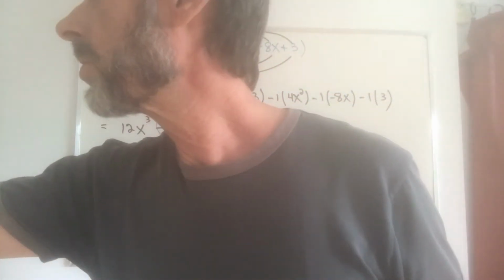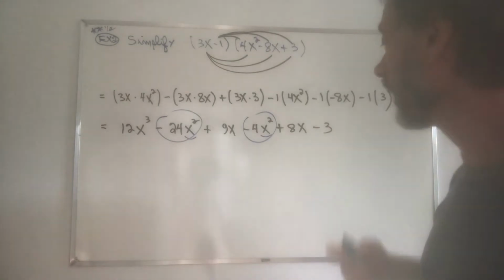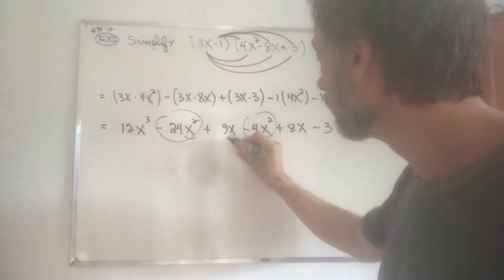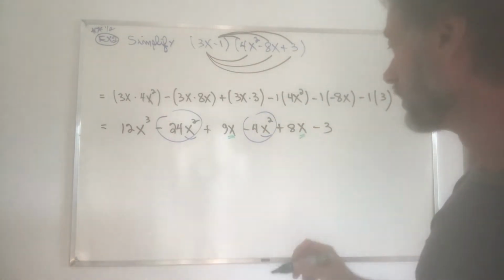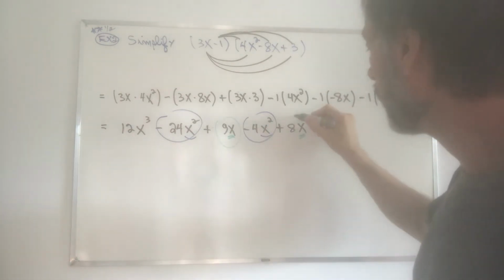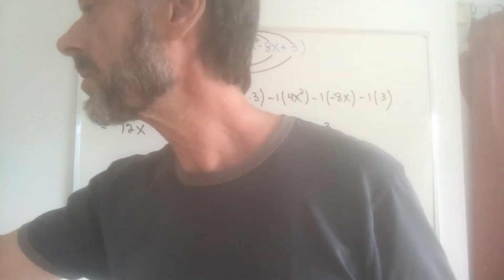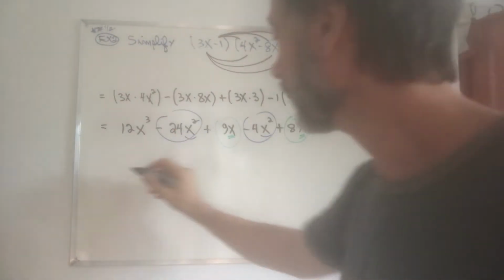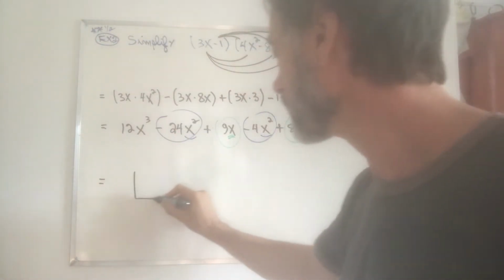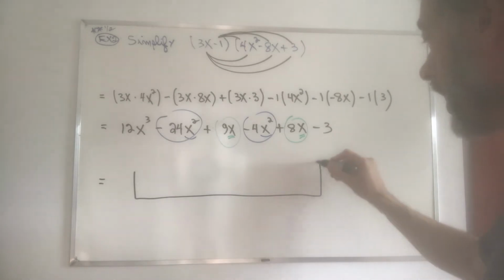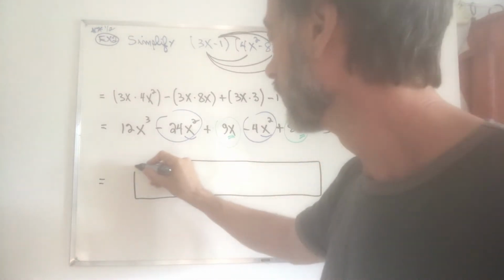And this is an x and this is an x, so this guy and that guy are also like terms. So collecting these together, I do believe we are about to spit out our final answer.